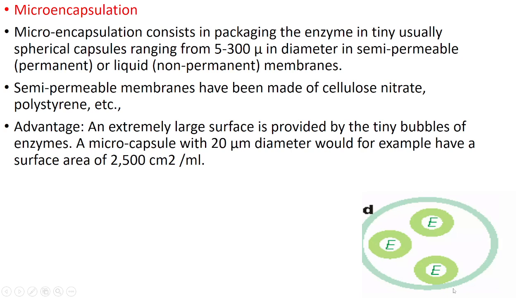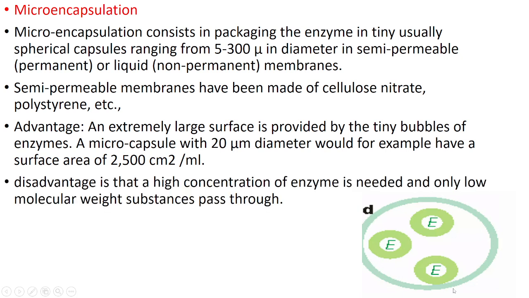This increase in surface area ultimately leads to an increase in the enzyme-substrate reaction, so the reaction can occur very fast. But there is also a disadvantage: for microencapsulation, you need a high concentration of enzyme, and only very low molecular weight substances can pass through the microcapsule. So you can't use this widely for all enzyme-substrate reactions.